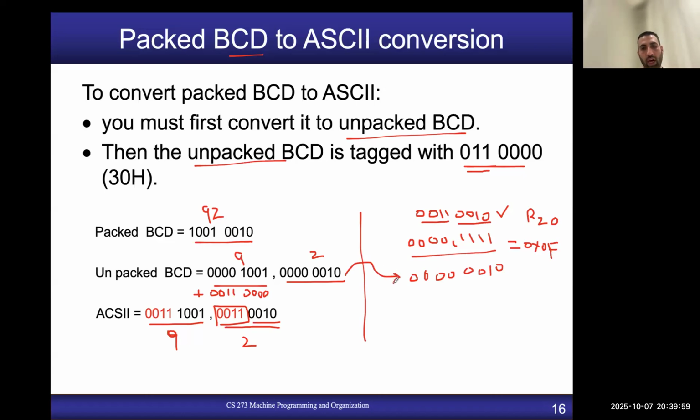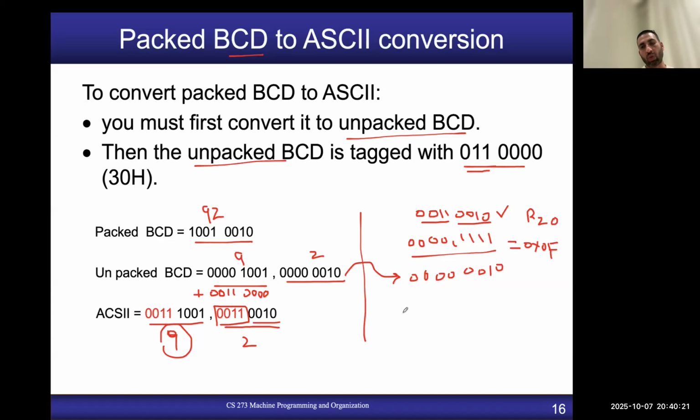Now, let's say I want to pack two BCD values in a single byte. I'm not going to show how to convert the ASCII of 9, because you need to do exactly the same thing.